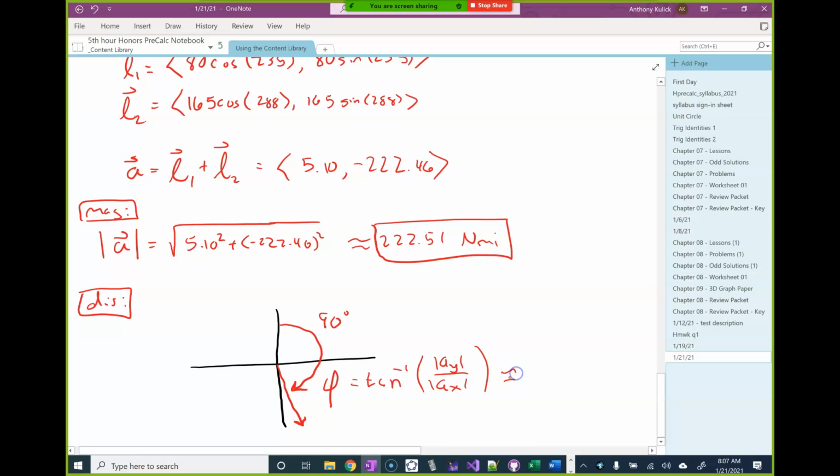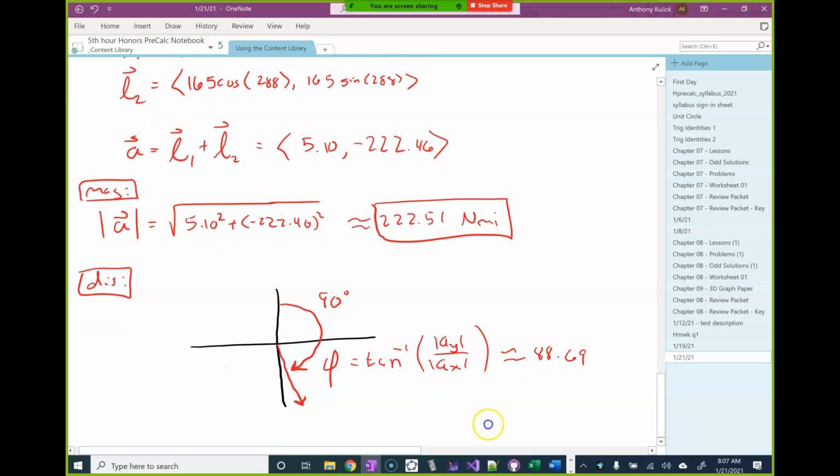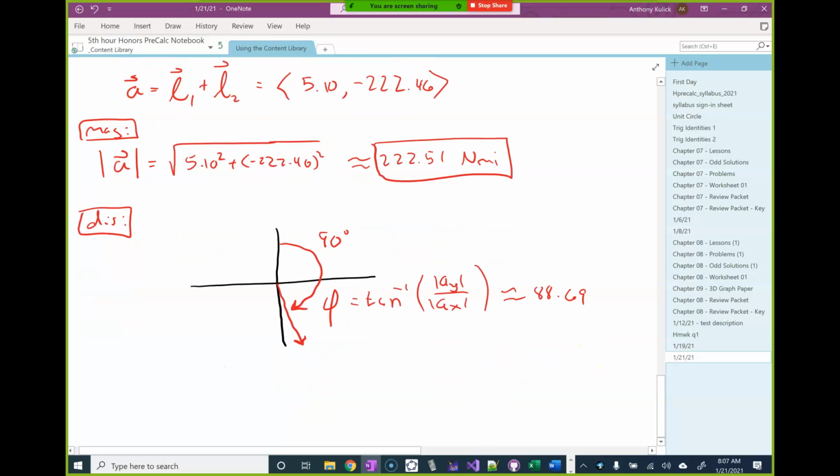So when I do that, I get about 88.69. So my bearing is going to be 90 plus 88.69, or 178.69 degrees.